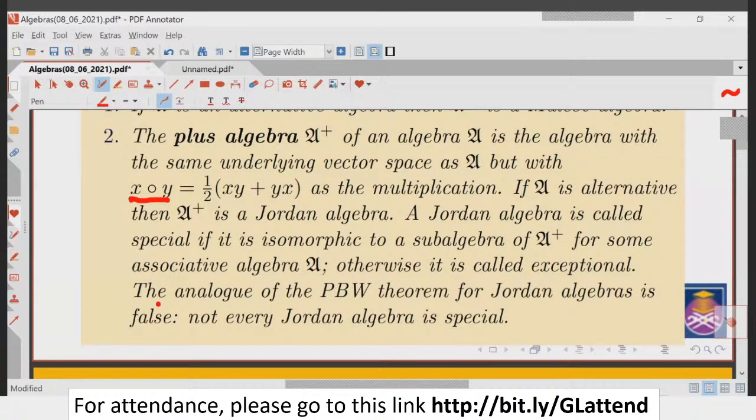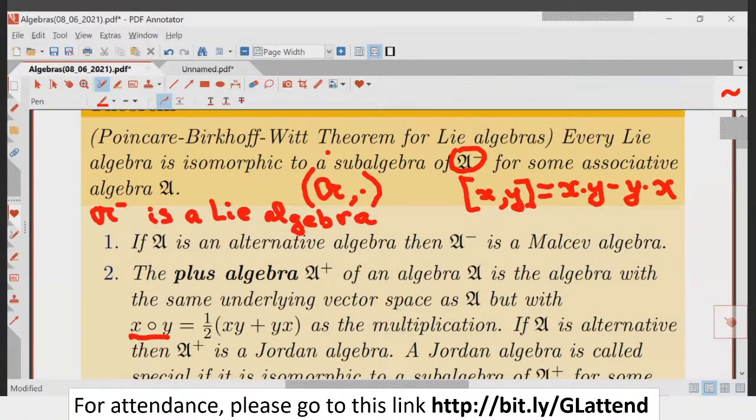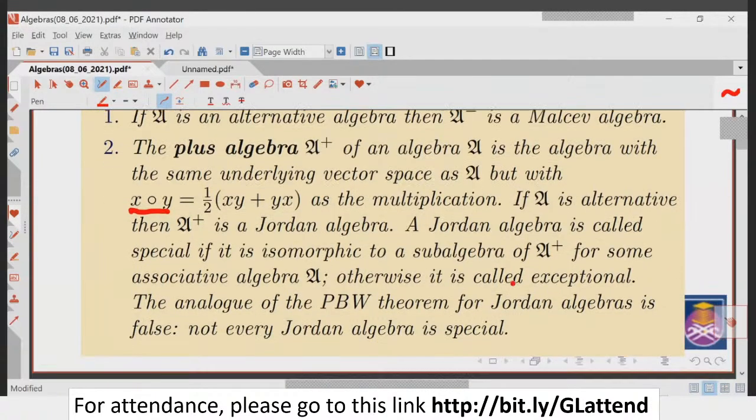Here is a statement that the analog of the Poincaré-Birkhoff-Witt theorem for Jordan algebras is false. For Lie algebras we get the statement that any Lie algebra is special, but for Jordan algebras it is wrong. Not every Jordan algebra is a special algebra, so there are exceptional algebras also.